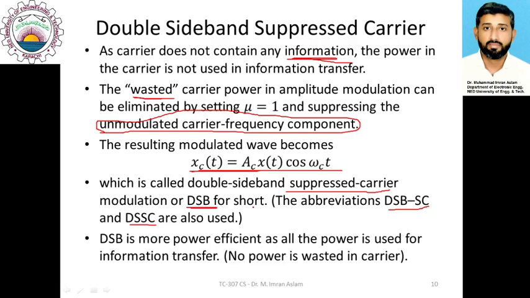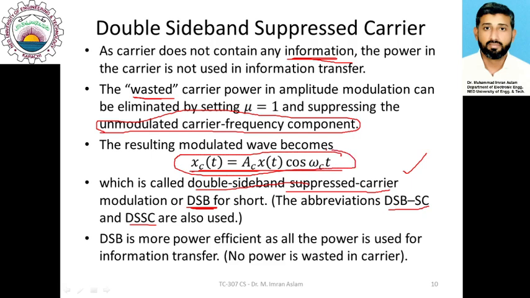In common usage, whenever we use the term amplitude modulation, we generally refer to the modulation scheme where we have double sideband with full carrier. However, when we use the term DSB, that means we are referring to the double sideband with suppressed carrier, which is presented in this particular expression.